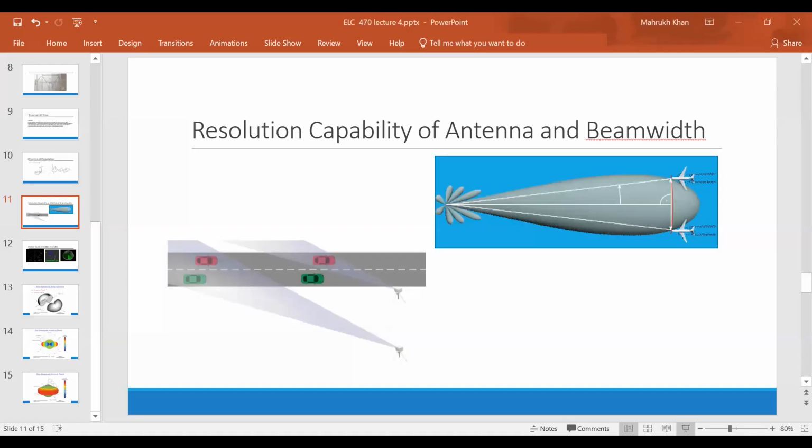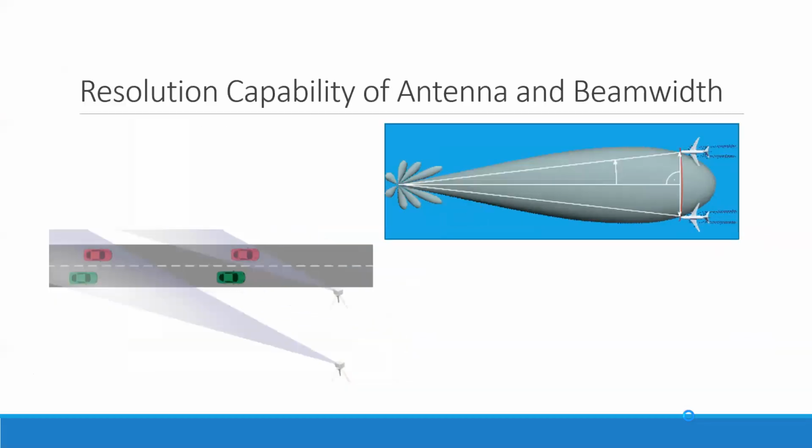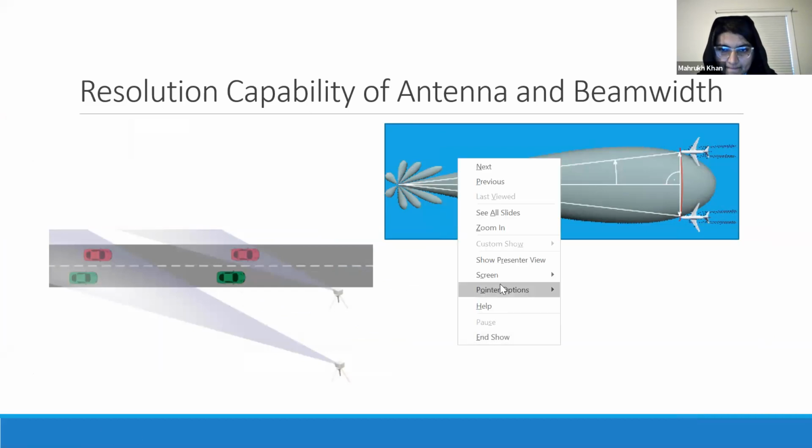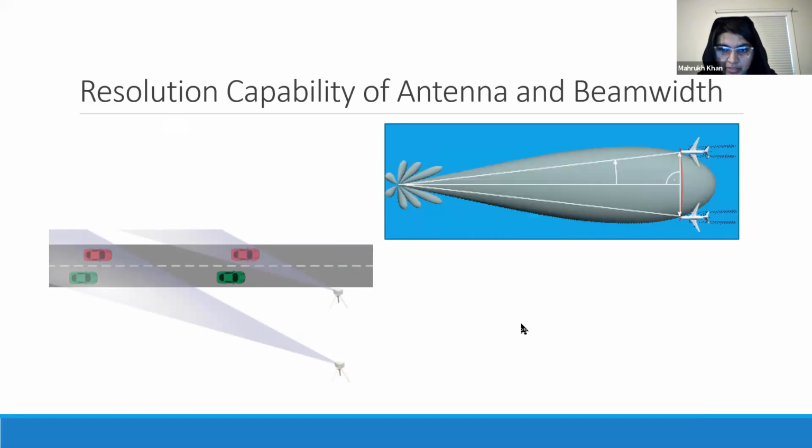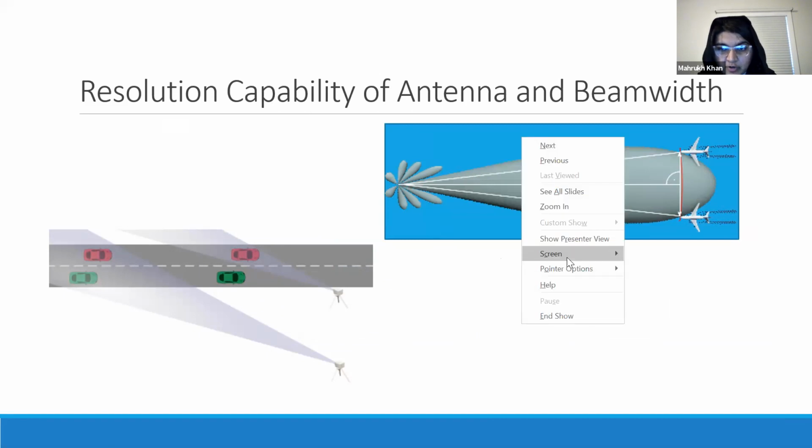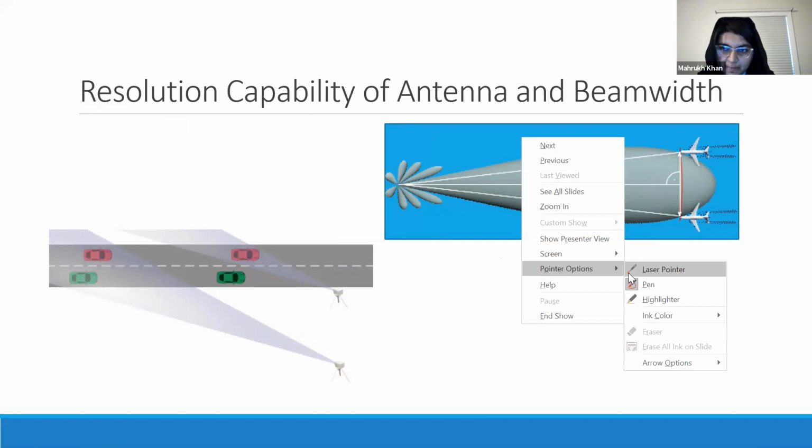So here you can see that these two objects, our antenna is able to see them if they are separated by half of the first null beam width.